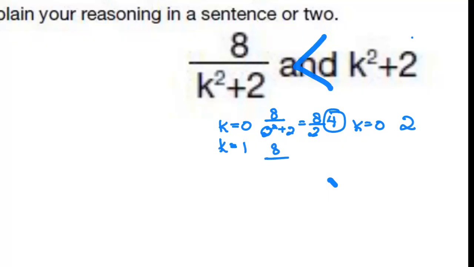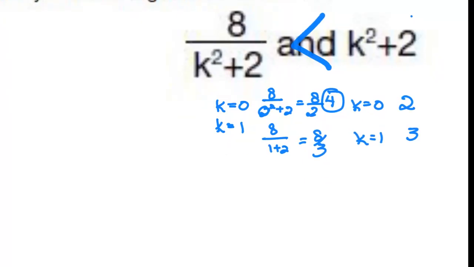If I say 8 divided by 1 squared, which is 1 plus 2, I get 8/3. Over here, I get 3. Which one is larger, 8/3 or 3? 3 is larger.